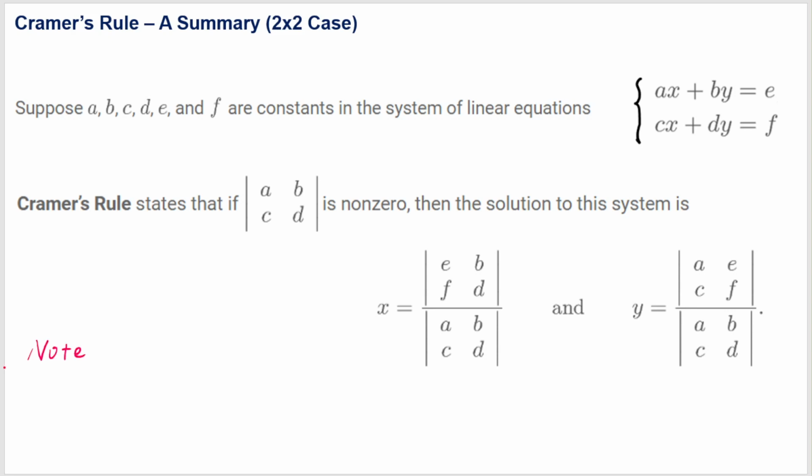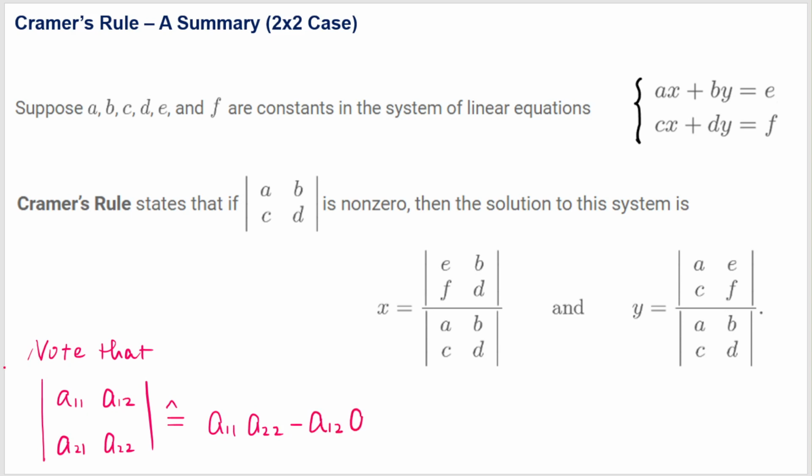Note that this determinant with entries A11, A12, A21, and A22 is defined as A11 times A22 minus A12 times A21. It's actually a number, right?